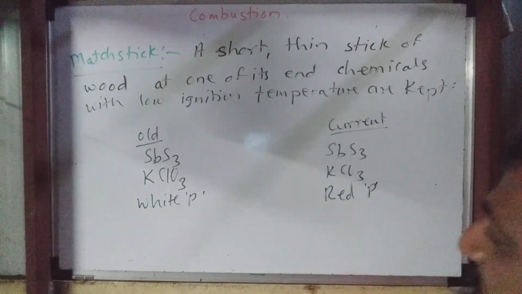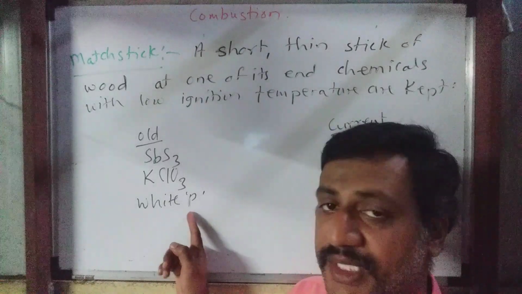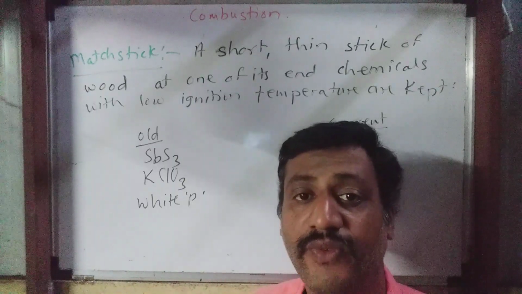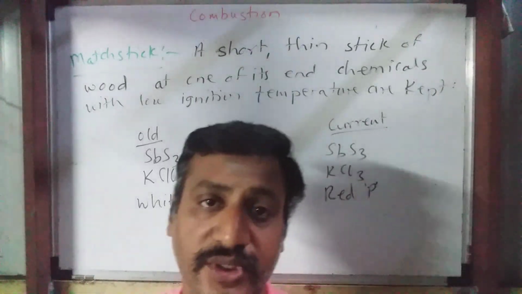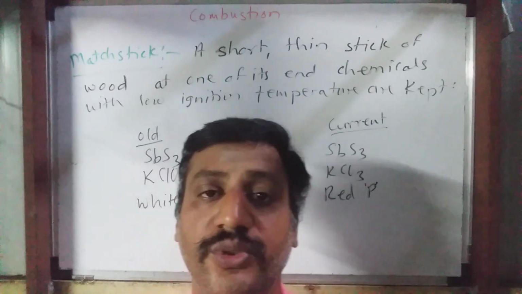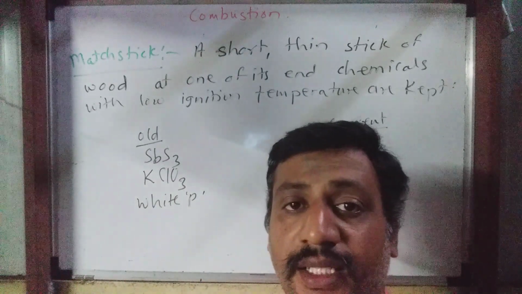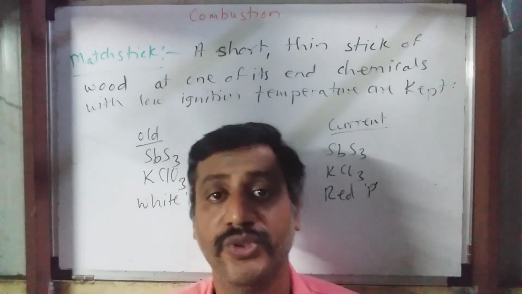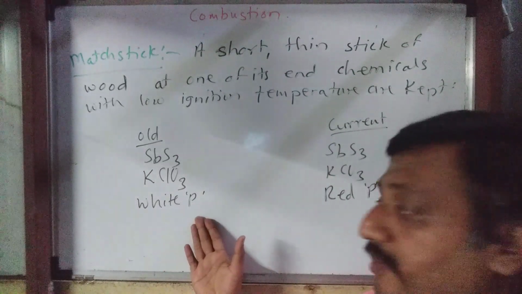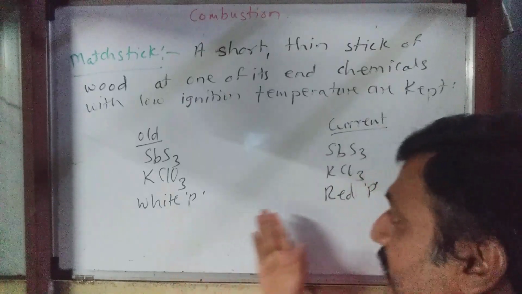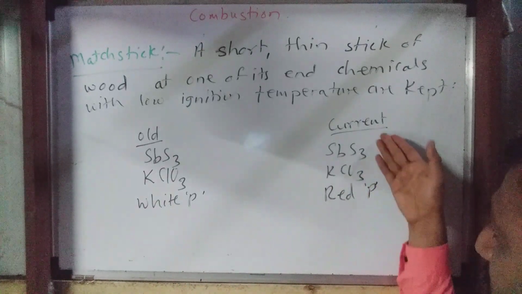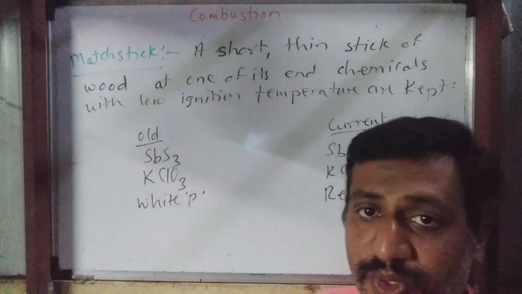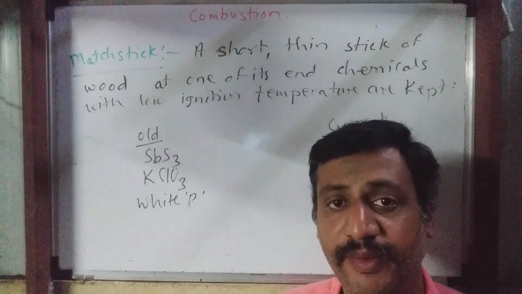White phosphorus has a very low ignition temperature and very high calorific value, and it was the reason for different accidents during manufacturing and handling, while using matchsticks made of white phosphorus. So nowadays we are using red phosphorus along with antimony trisulfide and potassium chlorate. These are the major constituents of the apex of the matchstick.